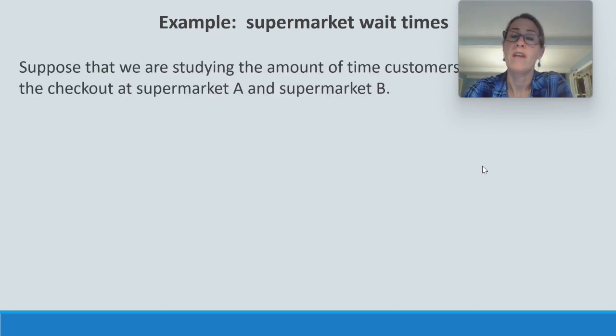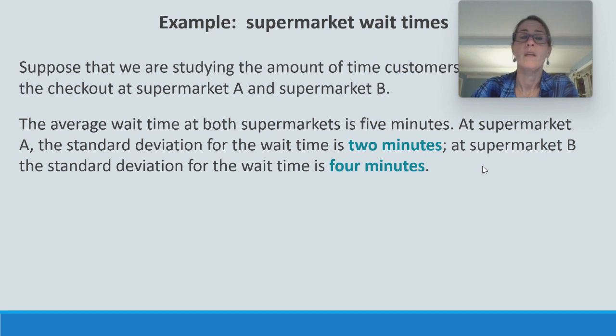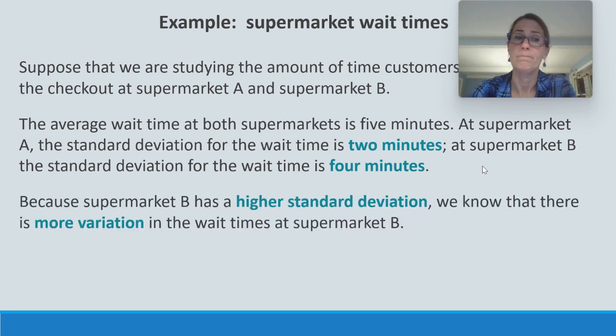Suppose we're studying the amount of time that customers wait in the checkout line at two supermarkets, Supermarket A and Supermarket B. The average wait time at both supermarkets is 5 minutes. So that's the mean for both of those data sets. At Supermarket A, the standard deviation for the wait time is 2 minutes. And at Supermarket B, the standard deviation for the wait time is 4 minutes.